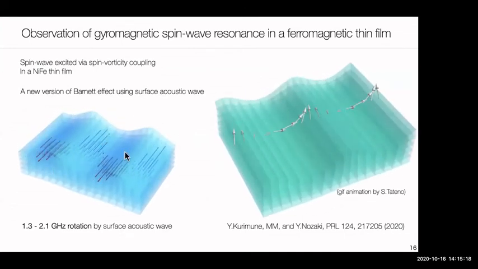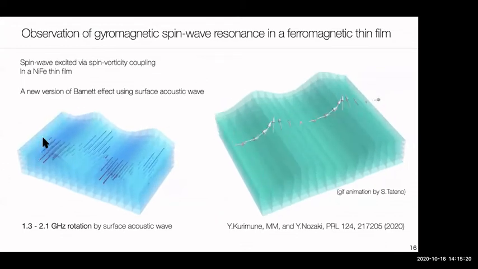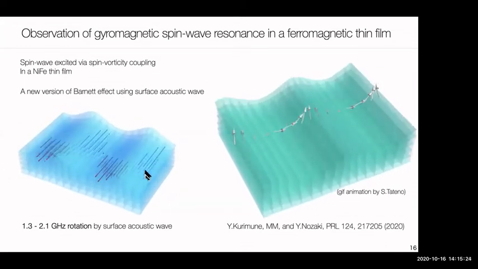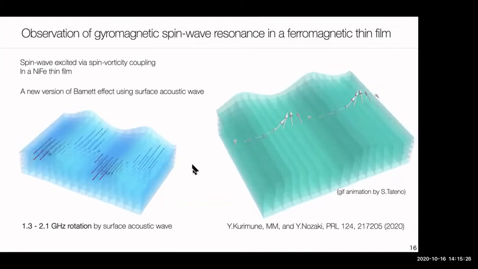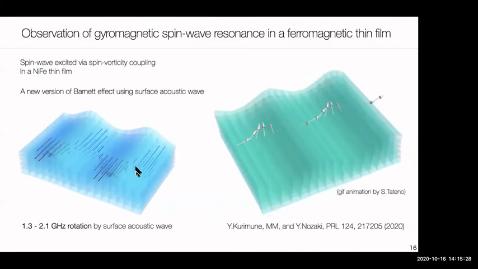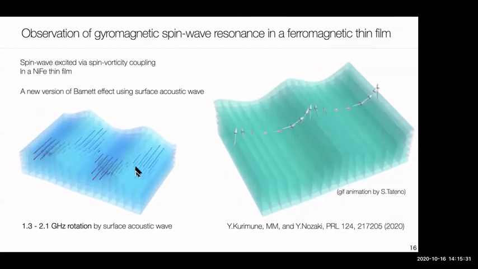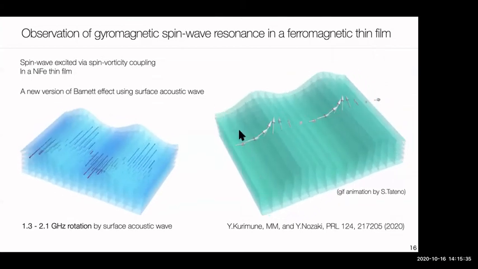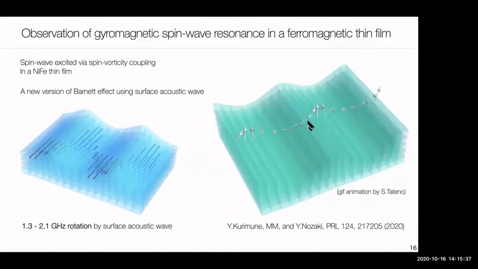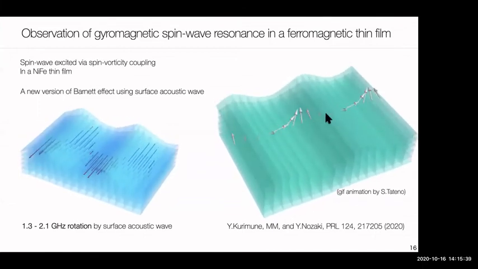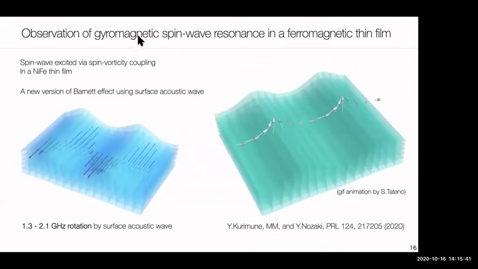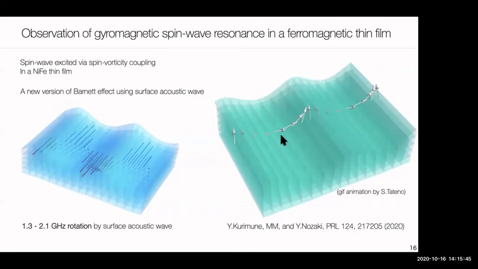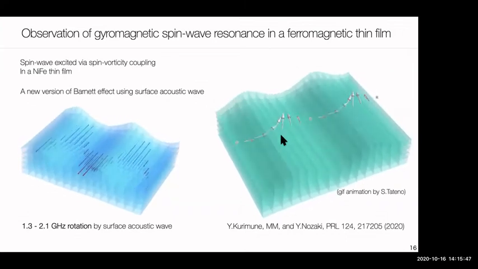As you can see here, this vorticity field is AC and non-uniform. By using this, and tuning the frequency to the ferromagnetic resonance condition, we can demonstrate that the gyromagnetic effect can be utilized to excite spin wave propagation.